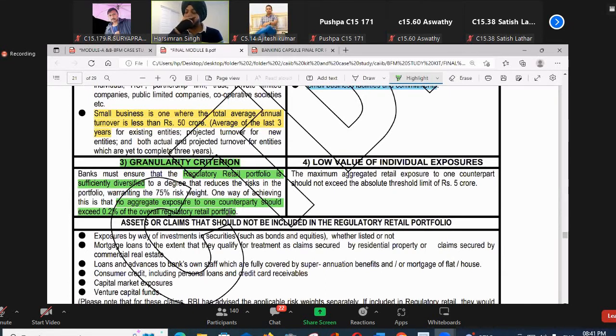That means if you have decided that you will give 100 rupees of loans in retail portfolio to retail customers, to one customer you cannot give more than 20 paisa. So 20 paisa is 0.2% of 100 rupees. Is that clear or not? Yes, if 100 rupees are to be distributed, then not more than 20 paisa to one person. What are you saying, sir?